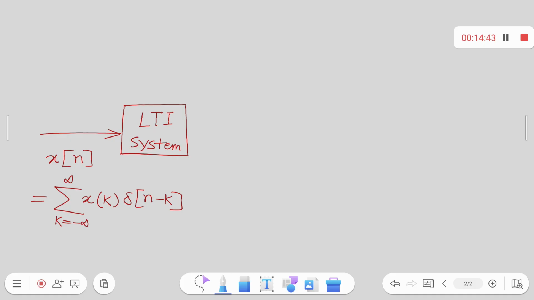Now let's move to the question: why is this LTI system so important to us? Linearity is something I have said is very difficult to visualize in practice. Even if you take any example from the external world, it's very difficult to correlate it with a system which is linear in nature.